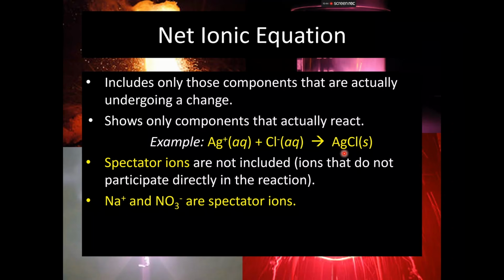This is also why we need a solid in a double replacement reaction for the reaction to actually happen, because otherwise everything's a spectator ion. In this particular reaction we've been following, the sodium ion and the nitrate ion are those spectator ions.